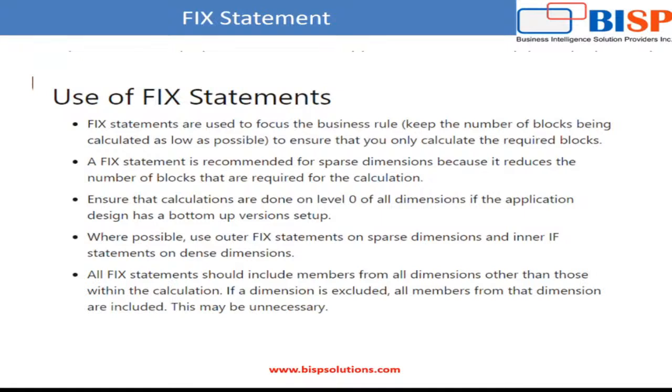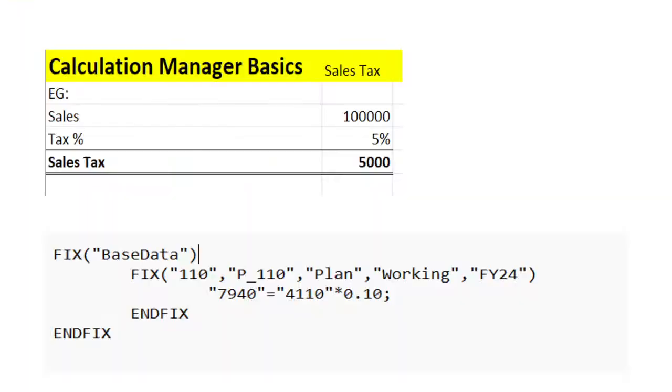Where possible, use an outer fix statement on sparse dimensions and an inner fix statement on dense dimensions. All fixed statements should include members from all dimensions other than those within the calculation. If a dimension is excluded, all members from that dimension are included. This may be unnecessary.